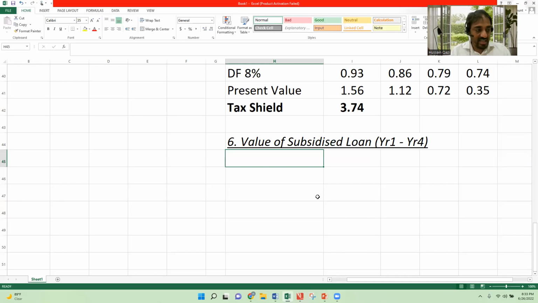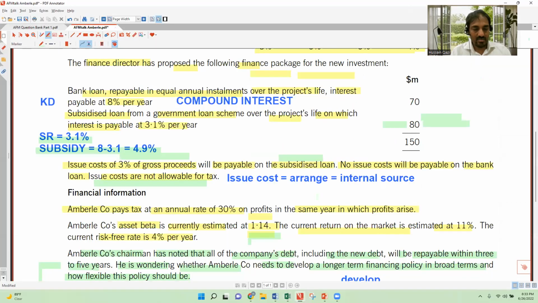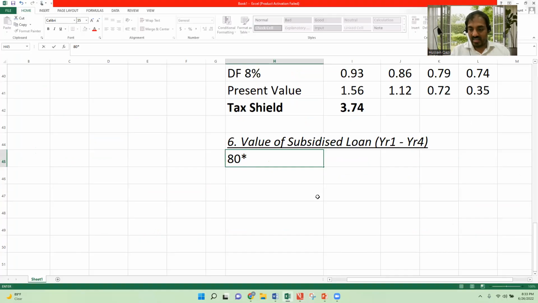So value of subsidy is like this: 80, it's a loan, multiplied by 4.9% subsidy, and this 4.9% is 8 minus 3.1, multiplied by after-tax 70%, because this is the advantage.